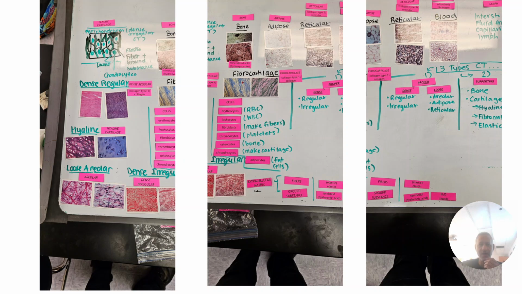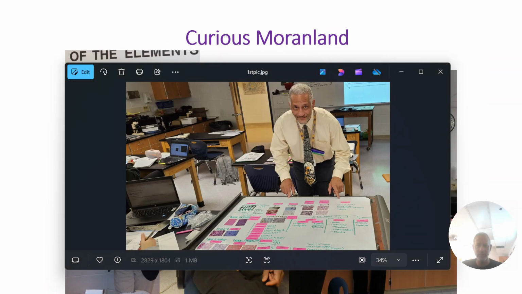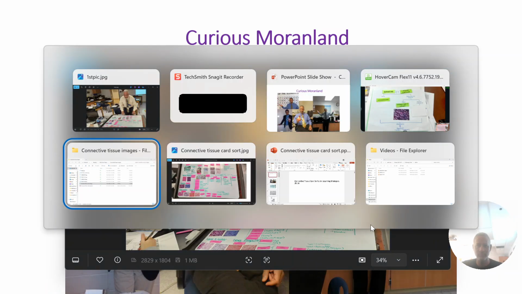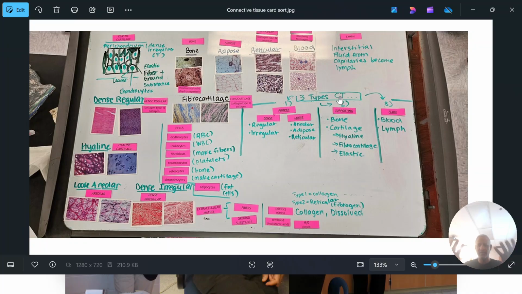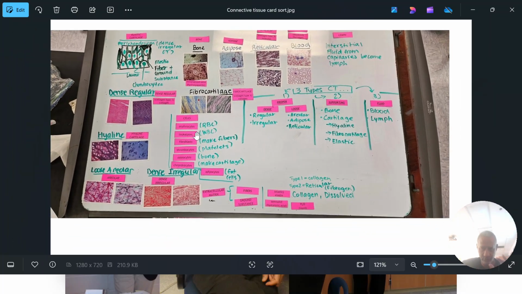Before I wrap this up, I think it was easier to just look at the JPEG picture. Not that one, this one. I'm going to do just what I did with the PowerPoint and make this a short video, and I can zoom in.